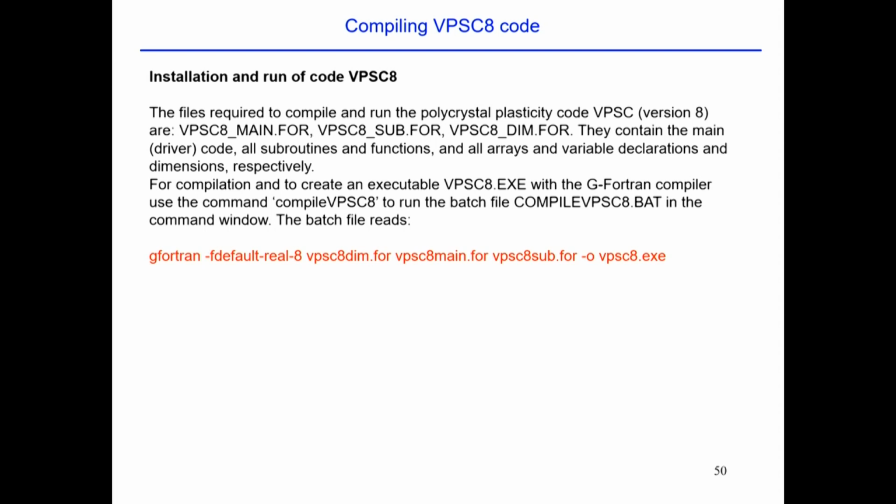We can wait. Okay, so you have the compiled code. You have it in a directory called VPSC8, let's say, because we are going to pick files from the examples that are subfolders of that directory.